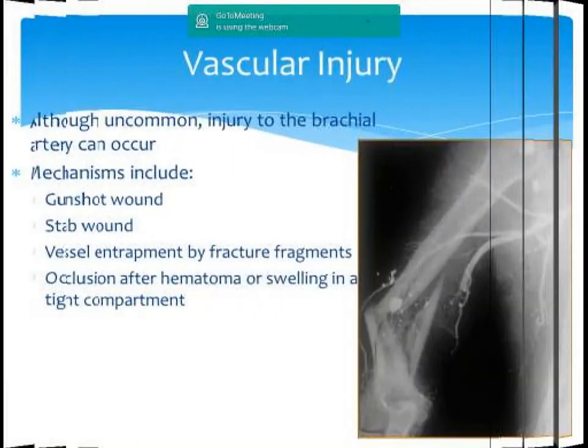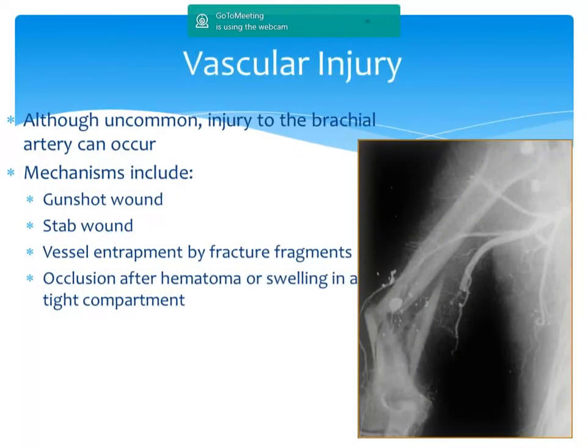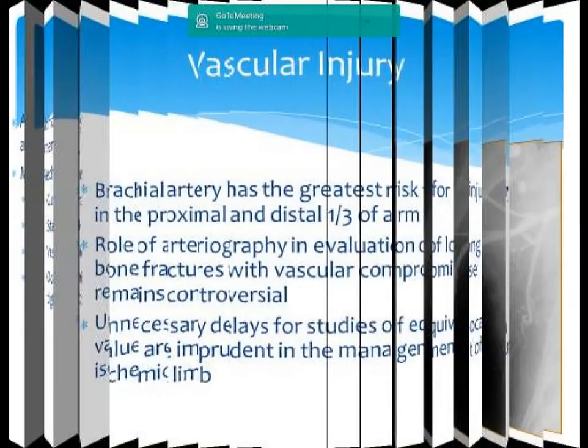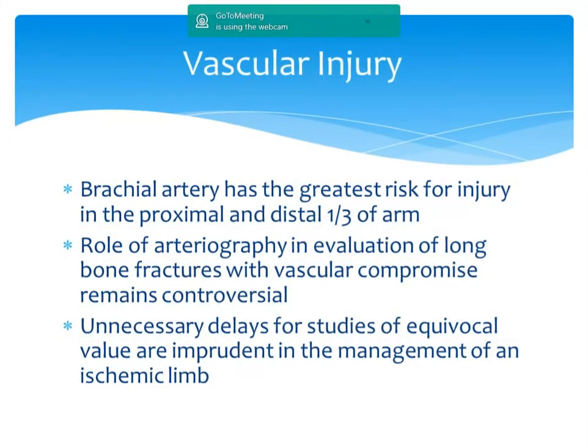Then coming to the other complication, vascular. Here most commonly the brachial artery will be injured, especially in case of gunshot injury, and then stab wounds and vessel entrapment by fracture fragments. The brachial artery is at greatest risk of damage in the proximal and distal one third of the arm.